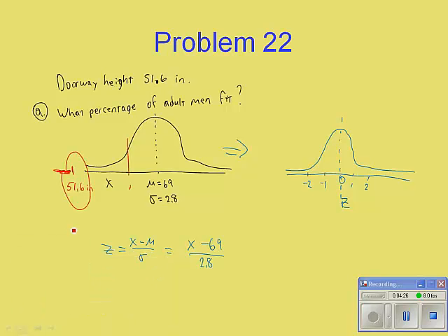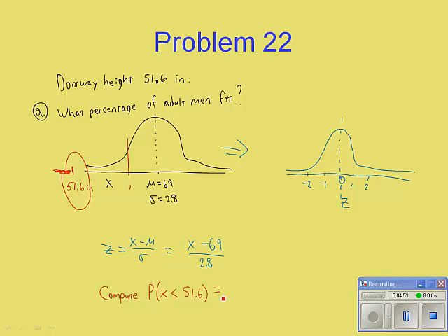Because what I'm really trying to do is compute, I'll write it down: the probability that x is less than 51.6. Because those are the people that could fit in the doorway. Does that make sense? It's a probability. It's a percentage.